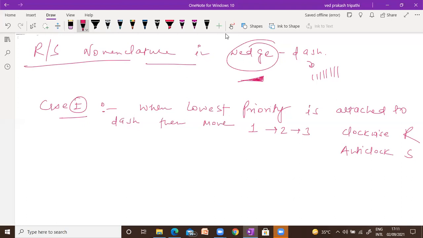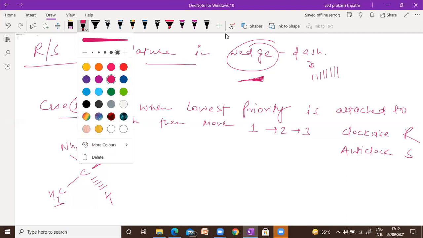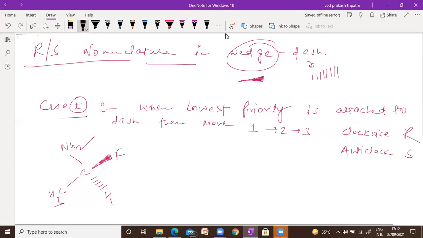Suppose we have a compound, this one, and we have to find R and S form in this compound. So how can you check R and S form in this compound? Listen to me. First of all, decide the priority according to CIP.